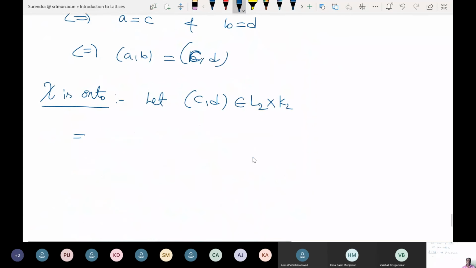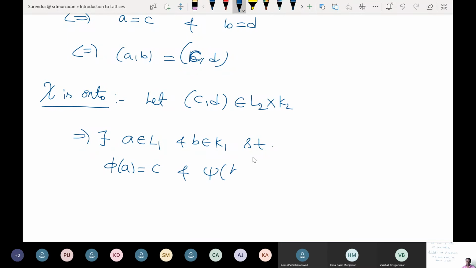This implies there exist A in L1 and B in K1 such that phi of A is our C and psi of B is our D. This is the same as saying that chi of (A, B) is actually our (C, D). Is this clear?